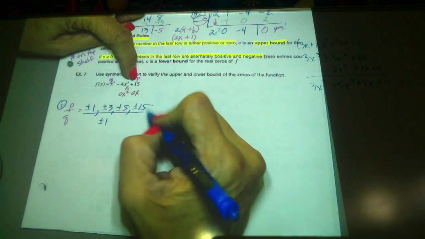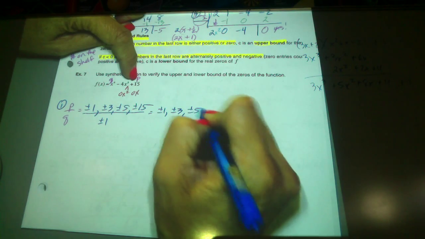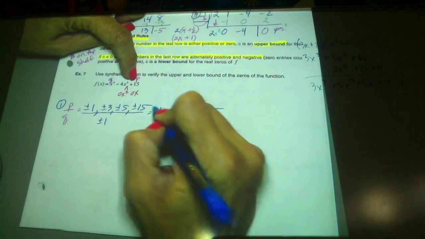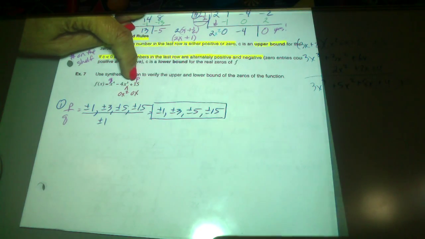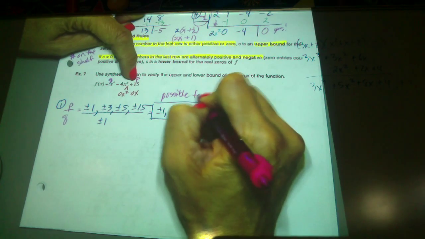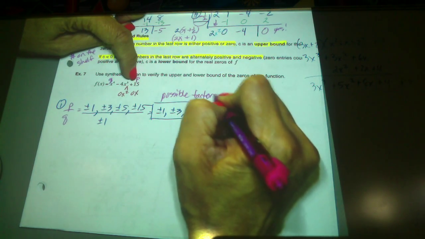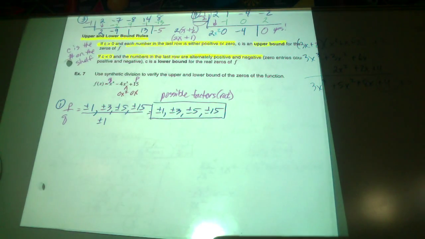So if I divide each of those by 1, don't I get the numerator? So these are my possibilities. And these are my possible rational factors.